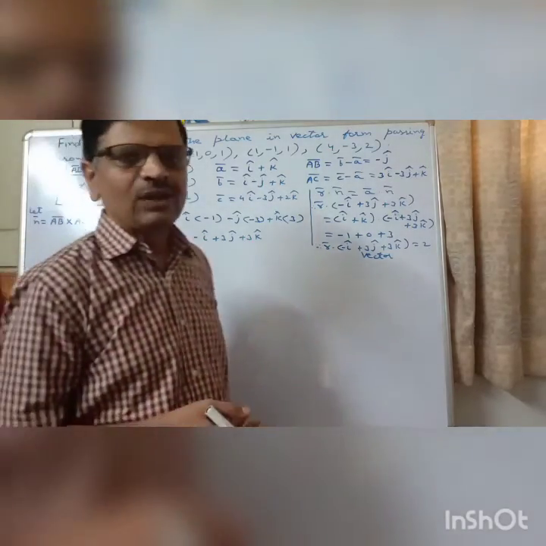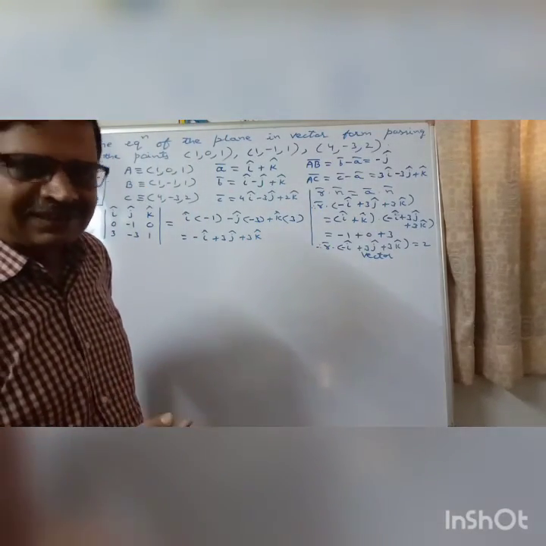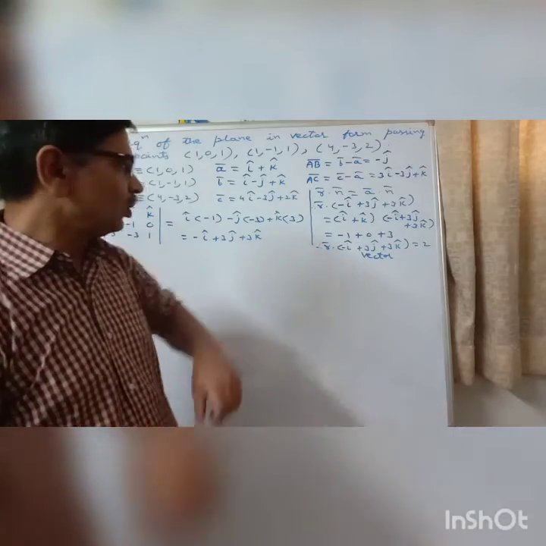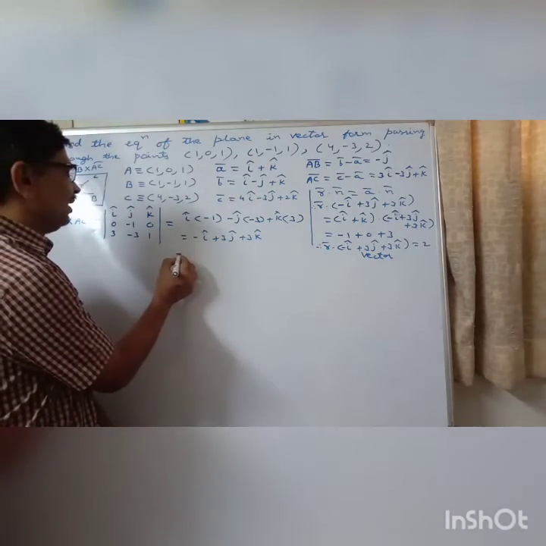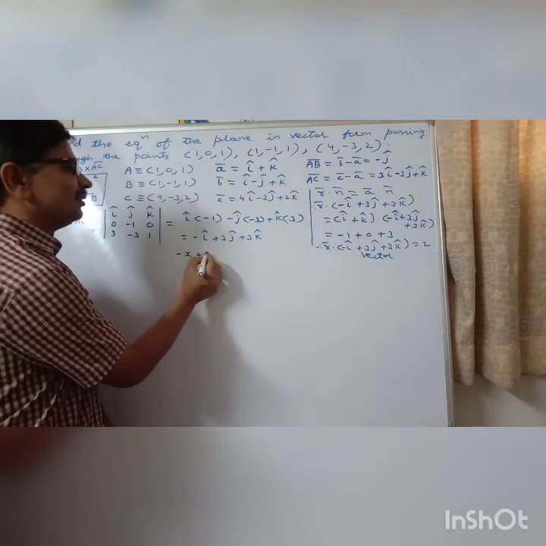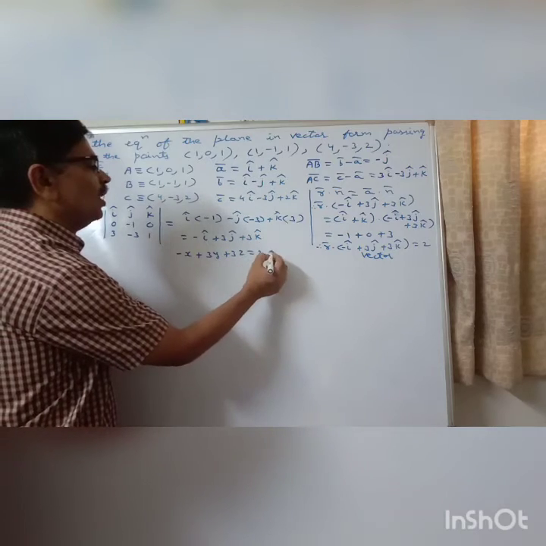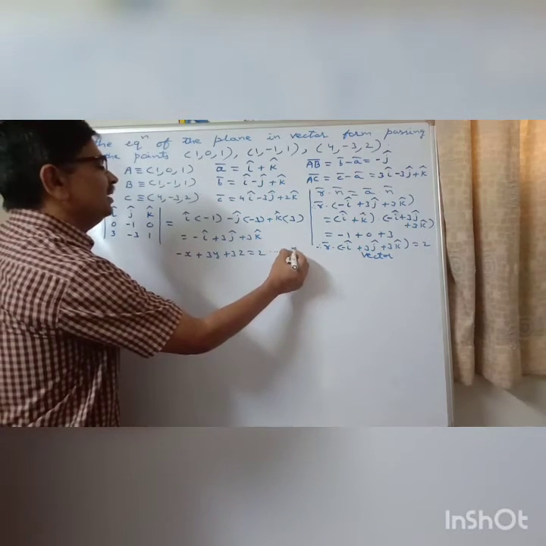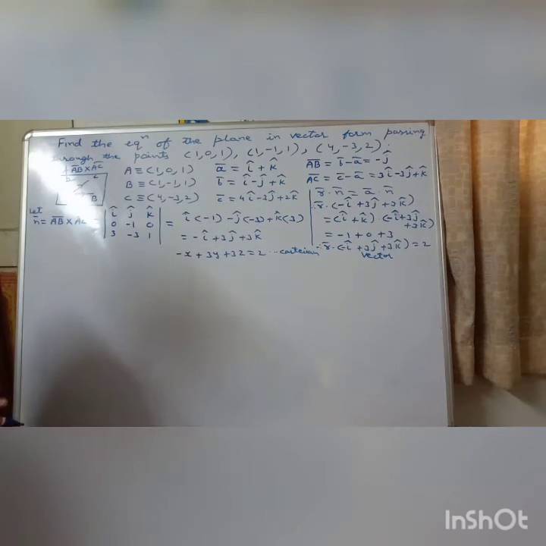Then the position vector of point R bar is xi plus yj plus zk. Take the dot product of the two vectors on the LHS. After simplification, we get minus x plus 3y plus 3z equals 2. This is the equation of the same plane in Cartesian form.